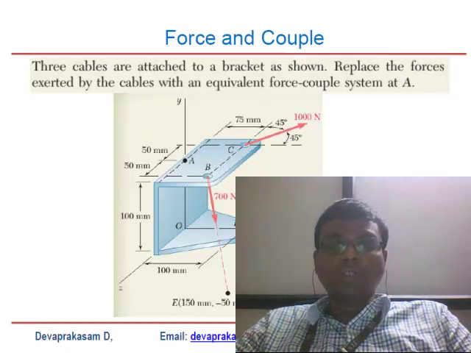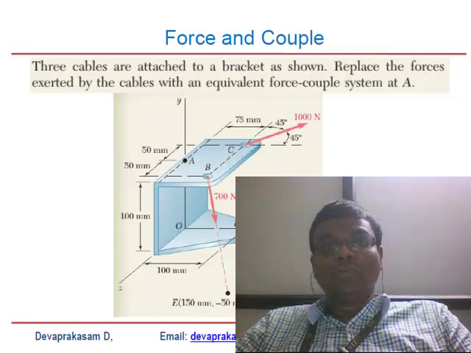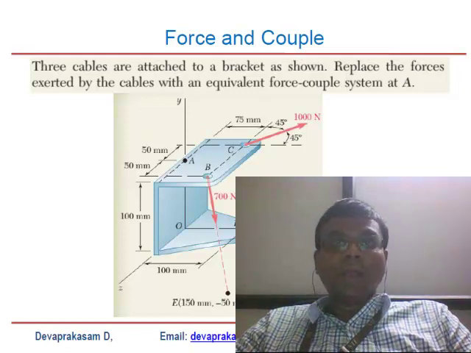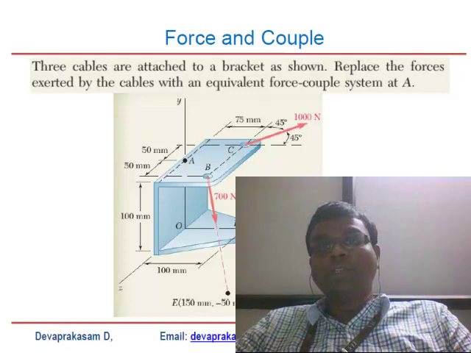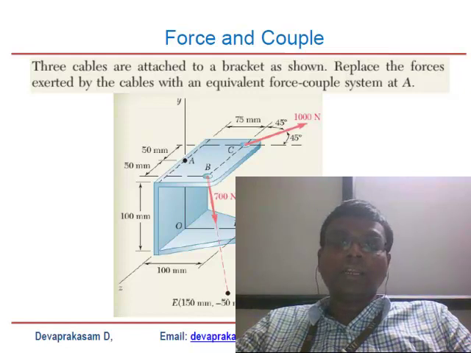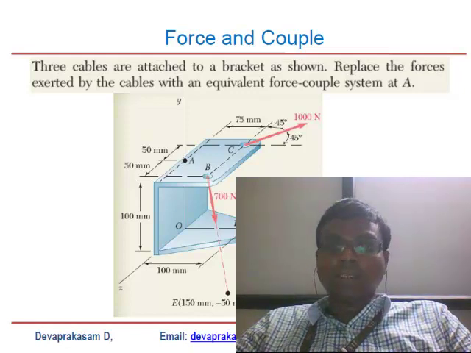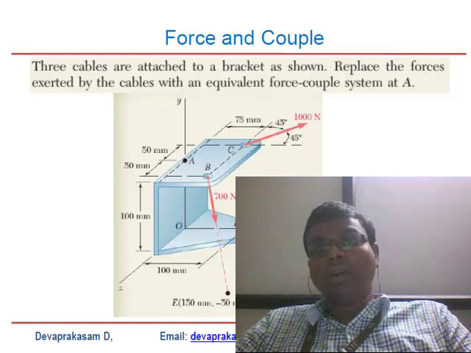Positions are given, so from that we can estimate the unit vector and multiply it with the force magnitude, and then finally we will get all the x, y, z components. From that we can set an equilibrium condition.